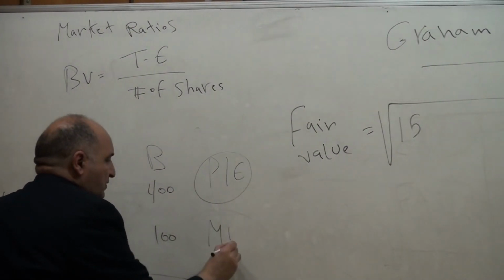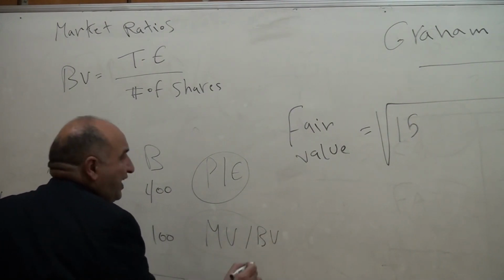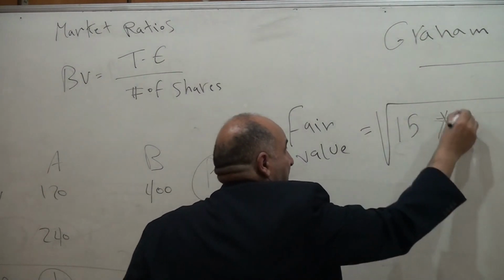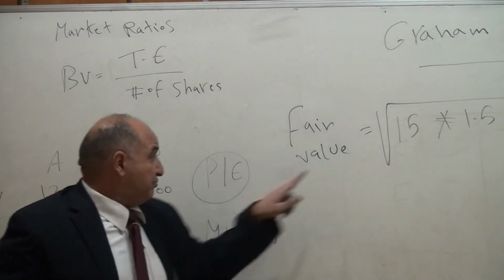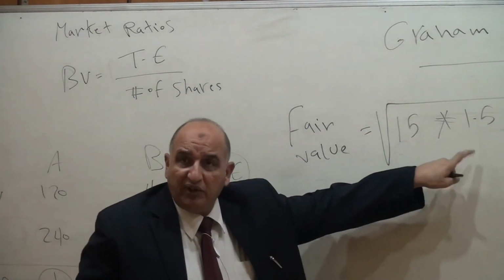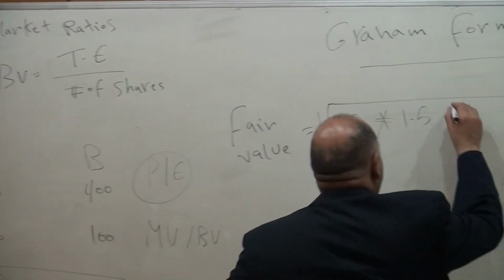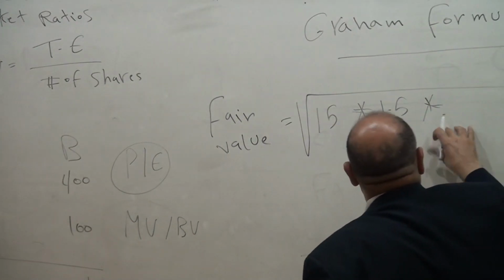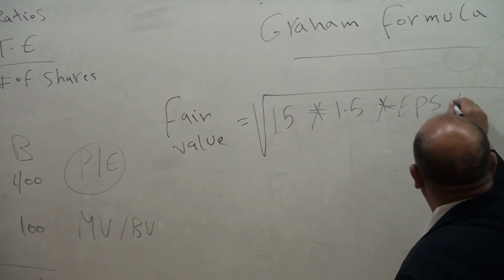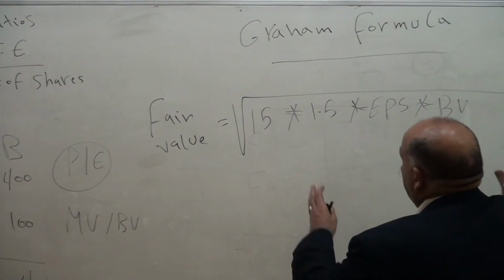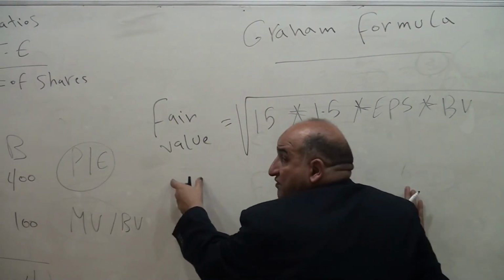And he also considers that the market value divided by book value has to be around 1.5. So you have to know that this 15 belongs to the P/E ratio, and 1.5 belongs to market value to book value. Graham said you have to take these two numbers, multiply them by earning per share, and multiply by the book value, under the square root. If you calculate this, you get the fair value of the stock.